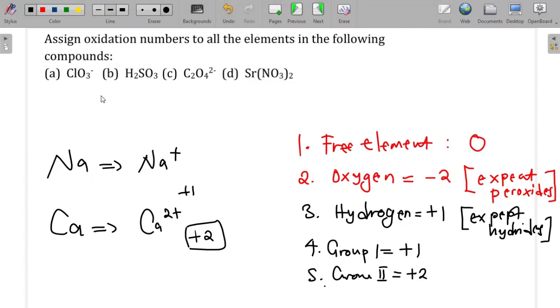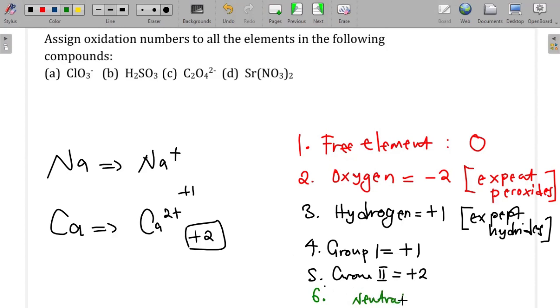The other rule is concerning the sum. The sum of the oxidation numbers of all the elements that are present in a compound should add up to 0 for a neutral compound.